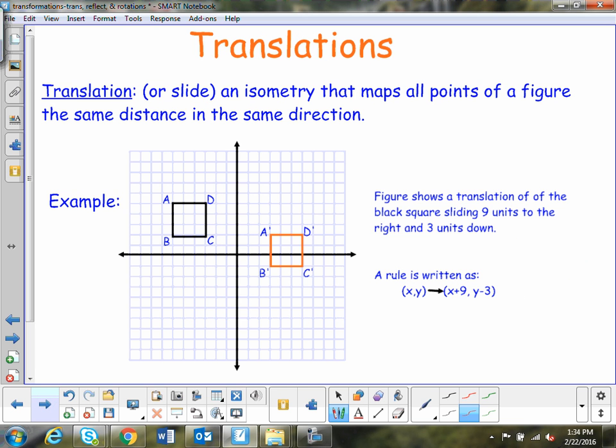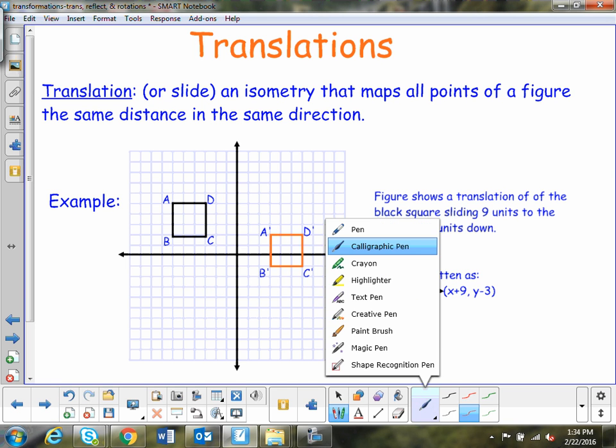All right, let's talk about the first transformation, and that's the easiest one of the three. Making the rules easy. So translation. You can summarize the whole sentence up front, but you need to write something down so you don't forget it.